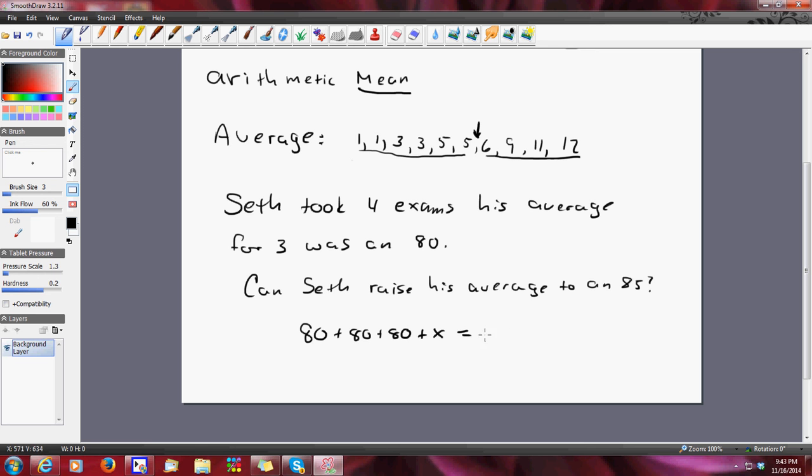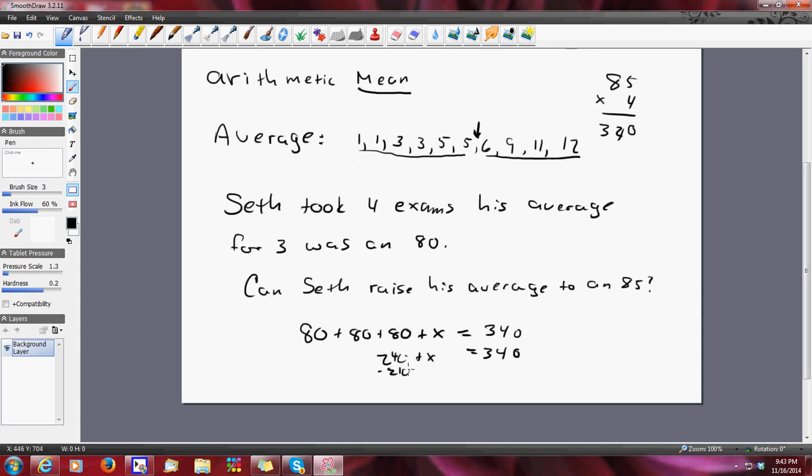Well, I want his average to be 85 for 4 exams, so that means the total has to be 85 times 4, which is 340. And so when I add these 3 up, I get 80 plus 80 is 160, that's going to be 240, plus x equals 340.